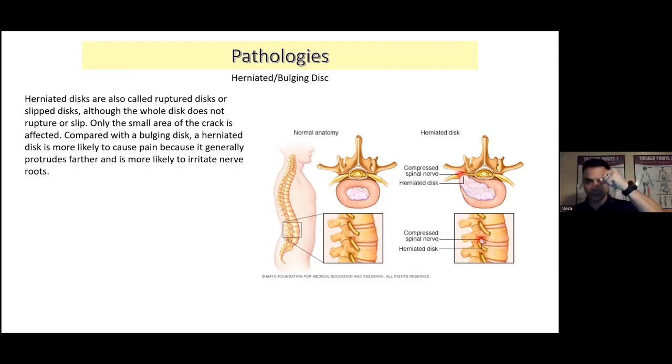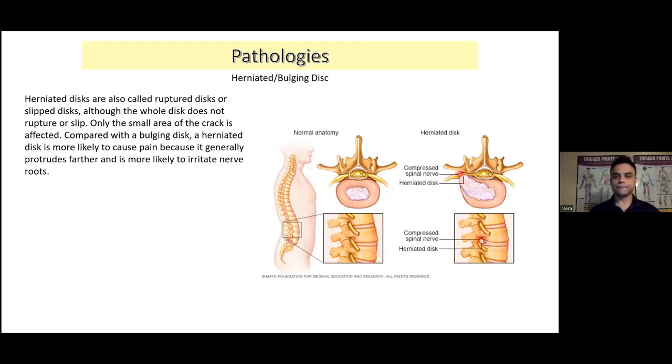So imagine if it's supposed to be flat like this, and then boop, you have this thing poking out, right? It's bulging out. So herniated or bulging discs can be caused, of course, by immediate trauma, a lot of pressure on the spine that can cause the weakness. General weakness of the outer ring itself can also cause the bulge, and so on and so forth.